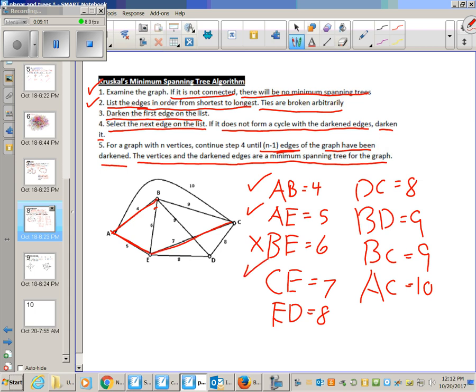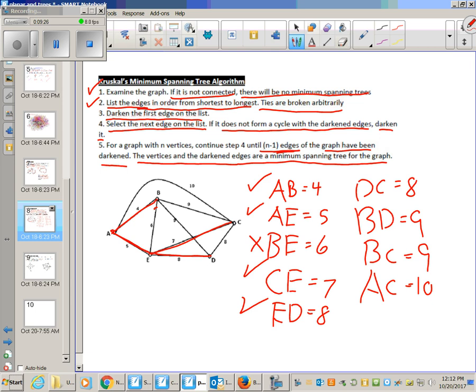And then ED with 8. So if I do E to D, that works. There is no circuit. If you notice, this graph had 5 vertices, and we just went through 4 of the edges.